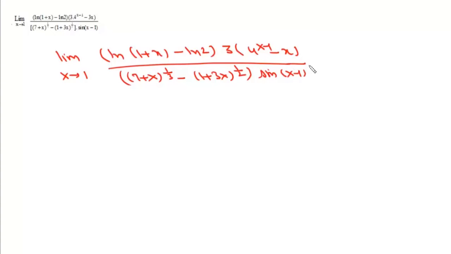(x − 1). Now what we'll do is, we'll use substitution here. We'll write let x equals 1 plus h.